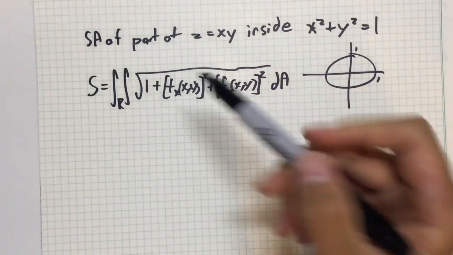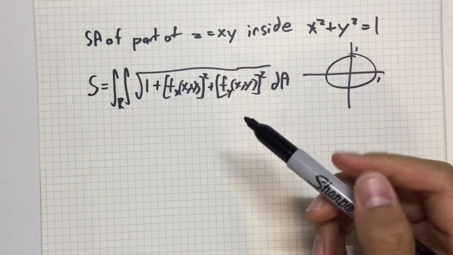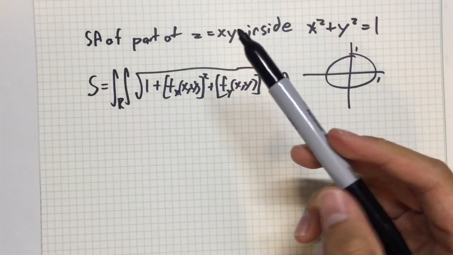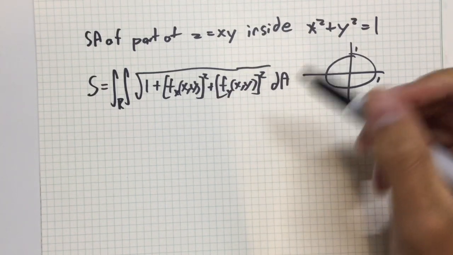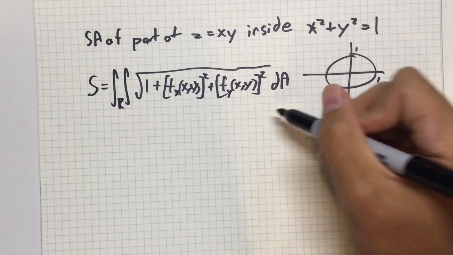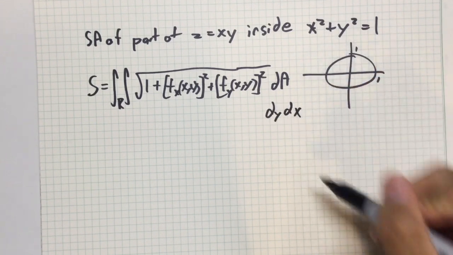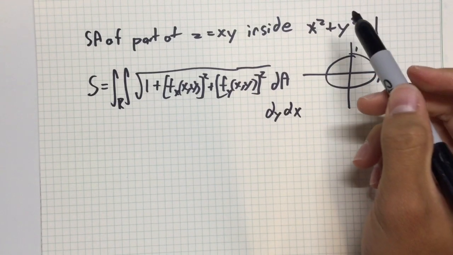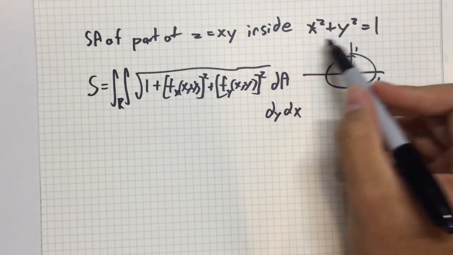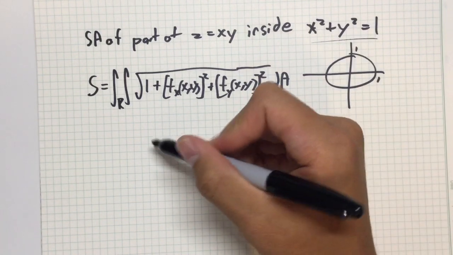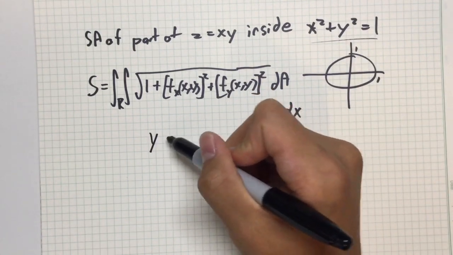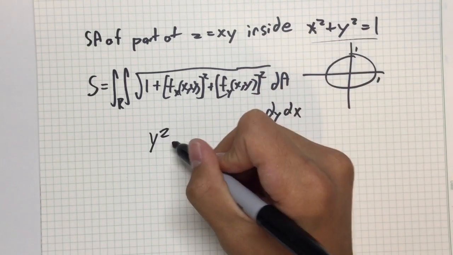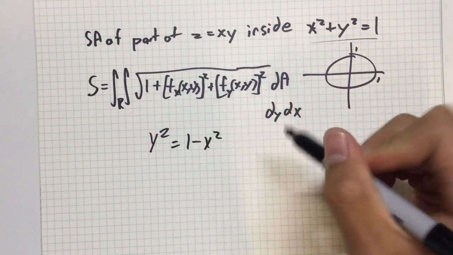So now that we just wrote down the formula, first thing we want to do is find the bounds. Since we're in rectangular coordinates, we'll use dy dx. To find the bounds for dy first, we can solve for y. We can put x on the other side, so 1 minus x squared.